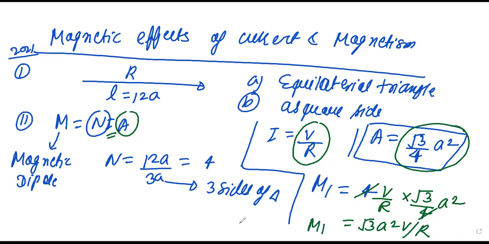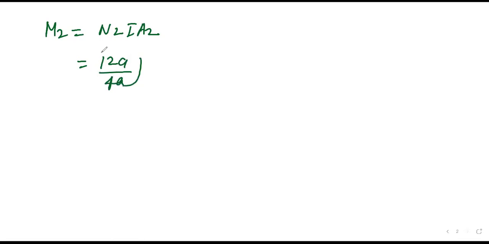Now see the second part, that is the square. Then it is your M2. This is equal to N2 I A2. So N2 we know is 12A upon 4A. Why 4A? Because the side of the square is 4A. Next is current, that is V upon R, and A2, the area of the square, is A square.